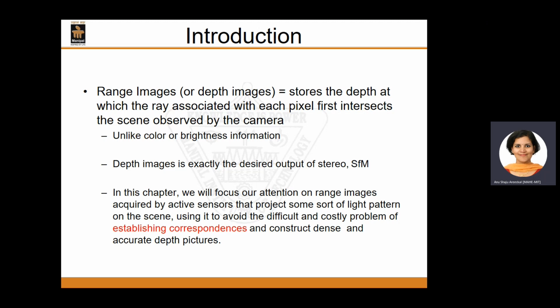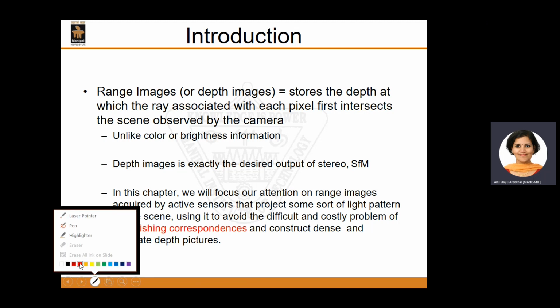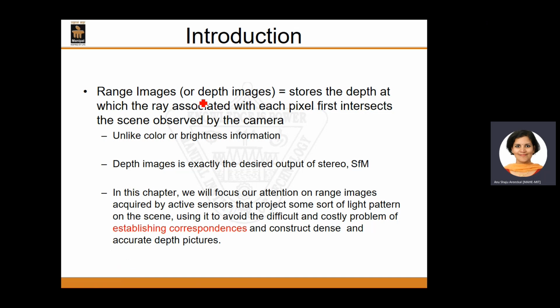So what is range data, or what do you mean by range images? Basically these are depth images. That means images in which there is depth information regarding a particular object or a certain set of objects in a particular scene. Usually with normal RGB images, which are color or grayscale images, what we try to capture is the different color intensity present in those images.